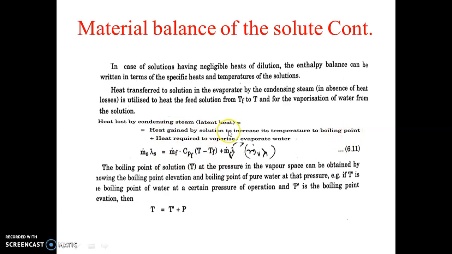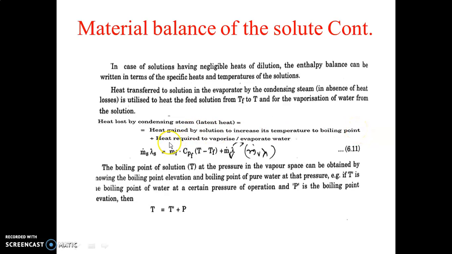So how is this heat gain given? m dot F, that is the mass flow rate of feed, multiplied by CPF, that is the specific heat of the feed. This value is given in the problem while solving. Then multiplied by T, the temperature of the solution, minus TF, the temperature of feed. If we multiply all these quantities, we get the heat gained by the solution to increase the temperature to its boiling point.